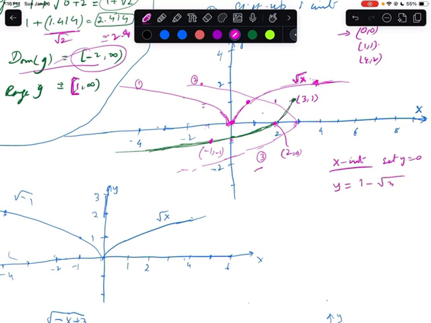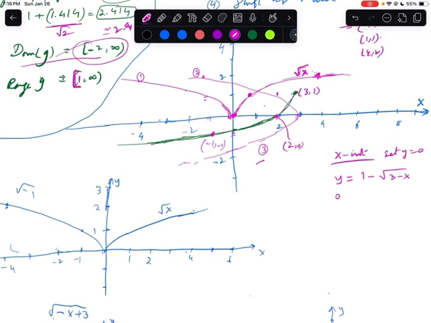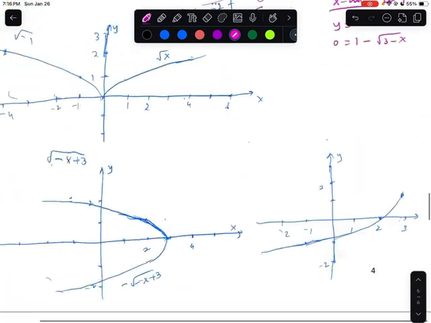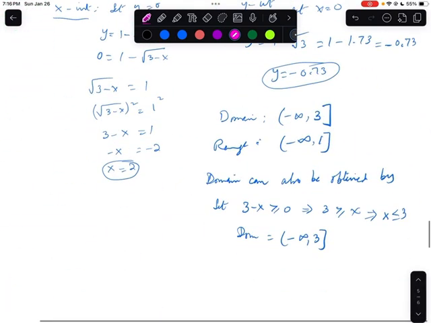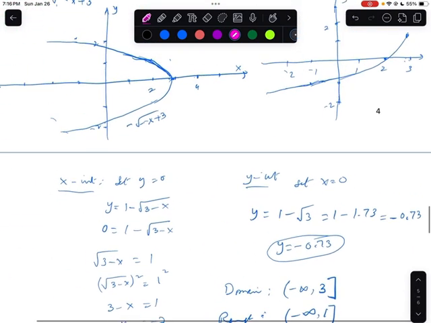We get 0 equals 1 minus square root of 3 minus x. I can move the 1 over, or I can move the square root of 3 minus x to the left side.